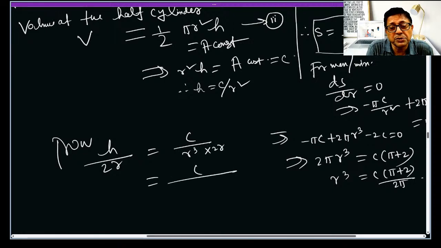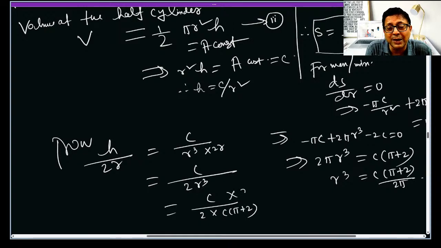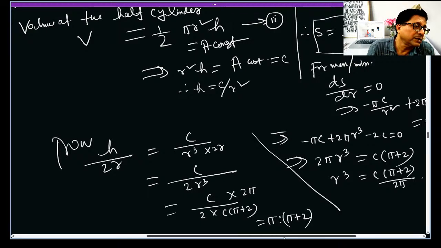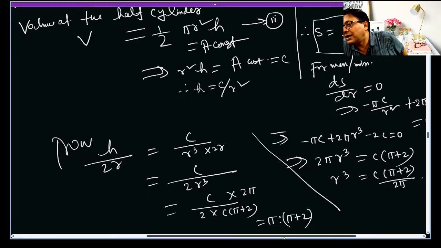So this is equal to C by 2r cube. R cube value you put here. C by 2, r cube is C into pi plus 2 and 2 pi there. So you got pi is to pi plus 2. Clear? There is no difficulty in understanding. It's okay. Understood by everyone?